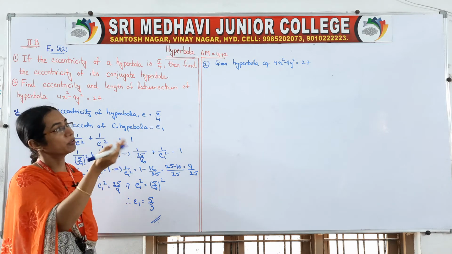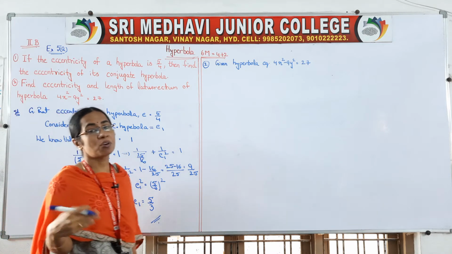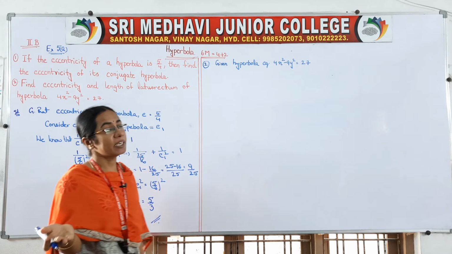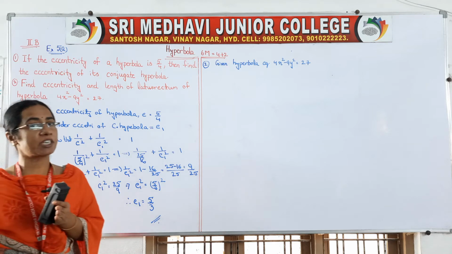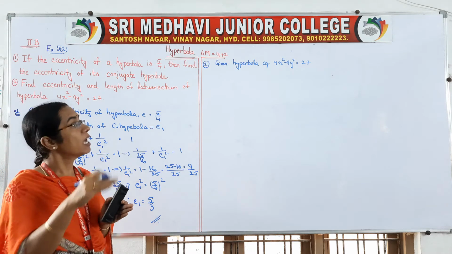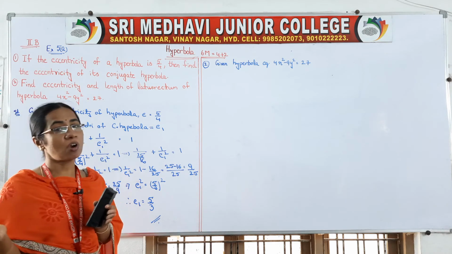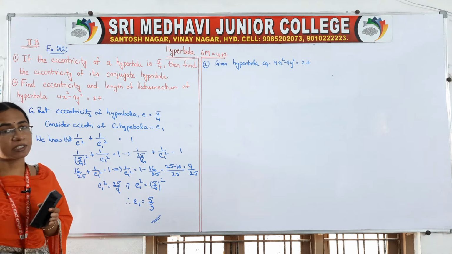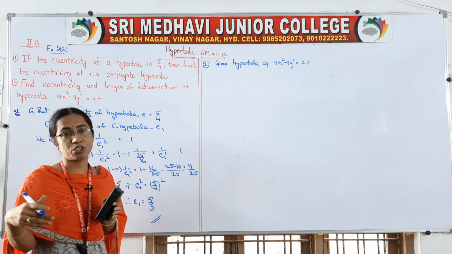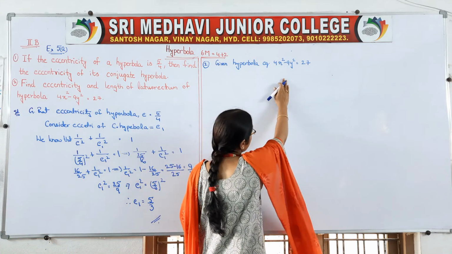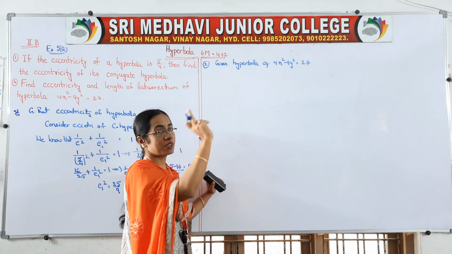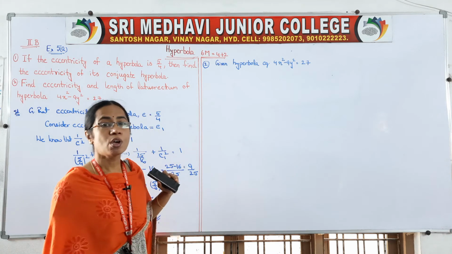First of all we have to reduce the equation into our standard form. Whatever the equation given to us, first reduce it into the standard hyperbola form, then we know all the formulas of eccentricity and foci. So how will we reduce? I said so many times, the right side must be equal to 1.